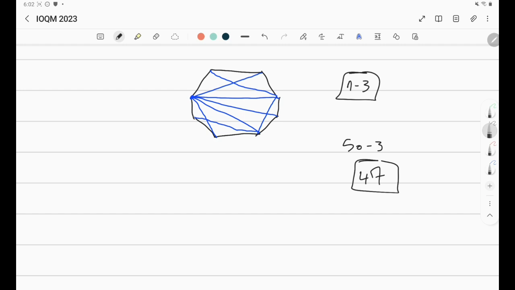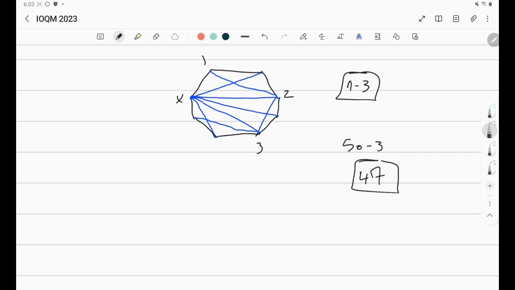So now we're just going to count all of these. How many of these do we have? If we think about it, okay, this one is deleted here. Basically here we're counting 1, and here we're counting 2, and then 3, and so on.